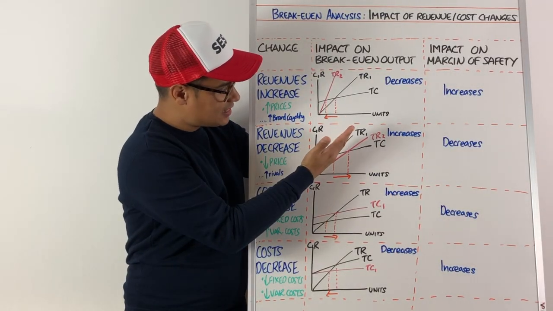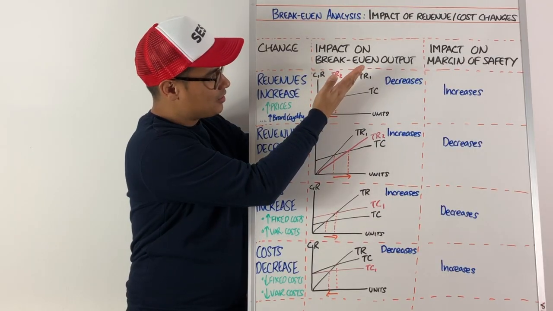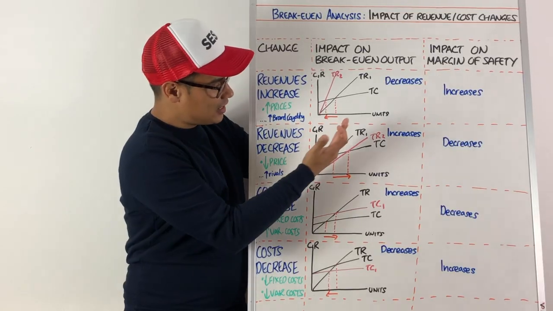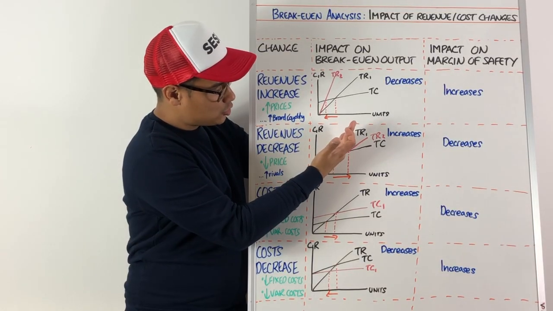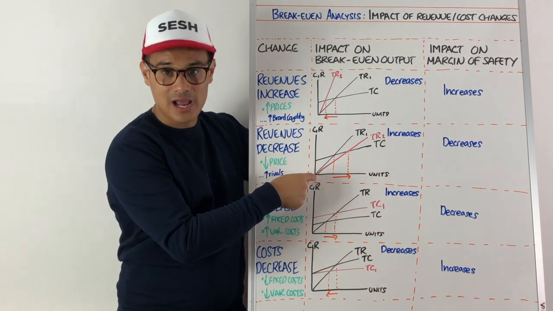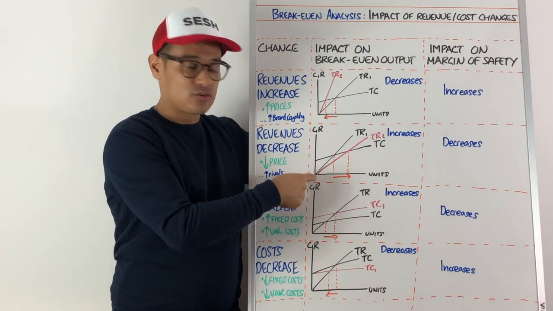And we can see that instead of, in the scenario where total revenue pivots to the left and gets steeper when revenues increase, the other way around is that the total revenue curve will pivot to the right because it will get more shallow as revenues decrease.